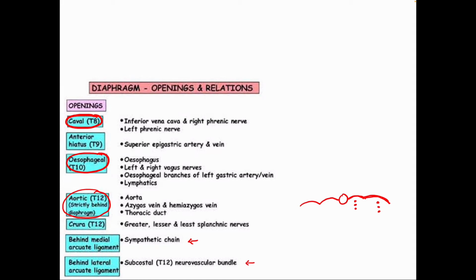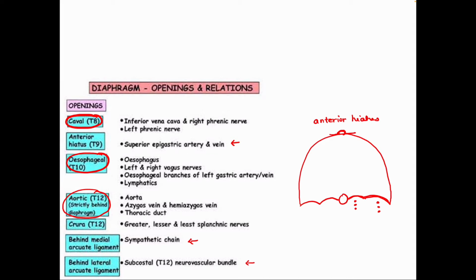When the diaphragm attaches to the ribs anteriorly, there is a small opening in the anterior part. This is known as the anterior hiatus. The anterior hiatus contains the superior epigastric artery and vein.